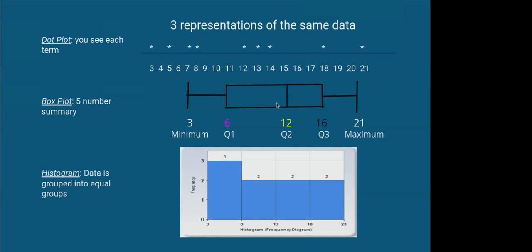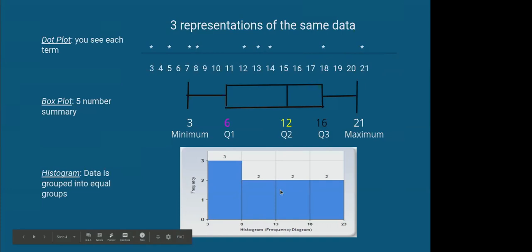And a histogram. A histogram is a continuous graph with no spaces in between. You will see that the end of one bar is the beginning of the next. So the data is continuous.